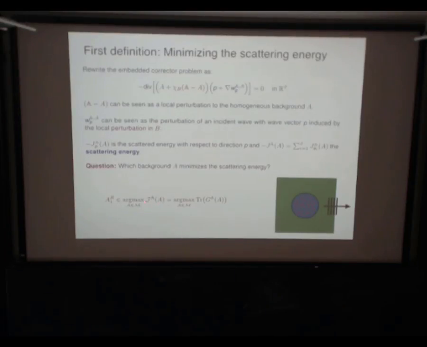Okay, so this gives a first definition of a homogenized coefficient for a given R, namely the A matrix that is minimizing the scattering energy. And by the previous lemma, there is existence of this coefficient A1R, and even in 3D there is a unique A1R.